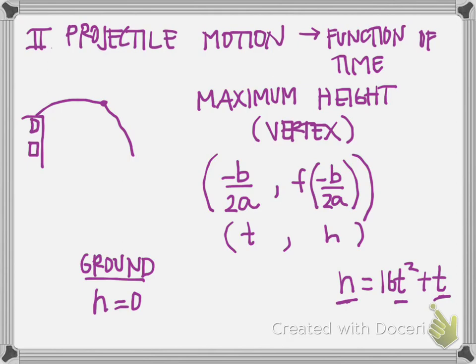Or if you wanted the time that it takes a golf ball to get 12 feet in the air, then your height would be 12. So when it hits the ground, that means that our h is going to be equal to 0. I'll always give you the function here, later, like in Algebra 2 or calculus, you may have to actually find the function. So let's start off.